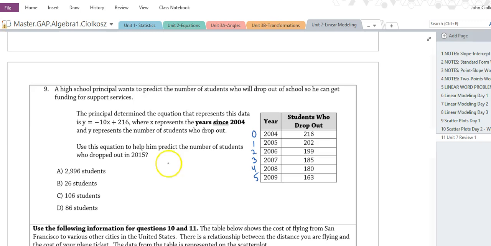So, if I think about that, between those 2 years, I would subtract them then to get 9 years. I lied. 11 years. So that 11 is what I would go ahead and plug in here for my x. So that would give us an idea about how many students dropped out.